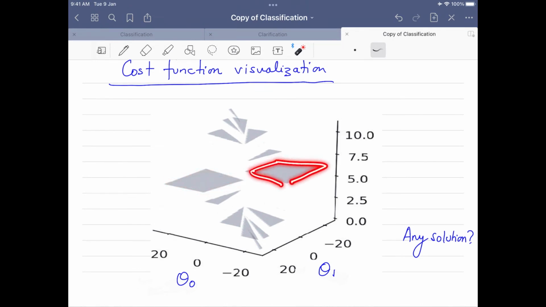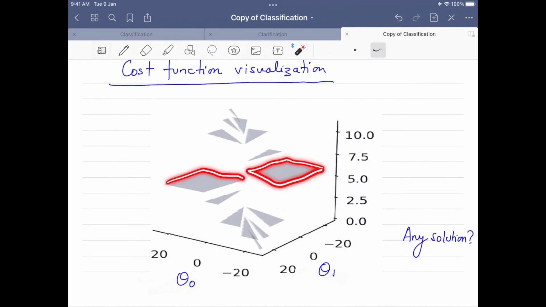You can see this is all flat, and if you initialize your point at this particular point, then because it's a flat curve, your point will not move at all. Similarly here also, because it's completely flat, it will not move onto this horizontal curve. The gradient descent will find difficulty in moving on these flat curves.